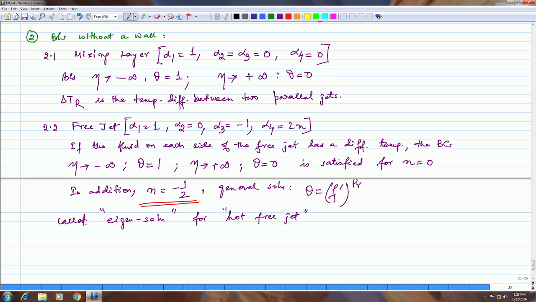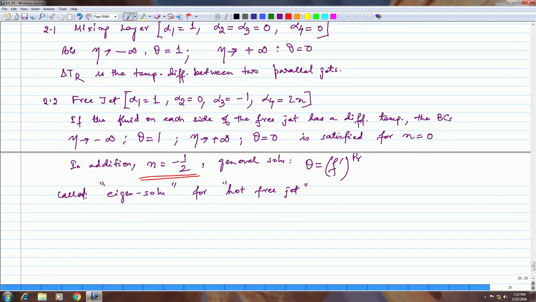And the final thing that I would like to say on this is that thermal energy in the free jet must be independent of the distance along it. So let me emphasize that a little bit.